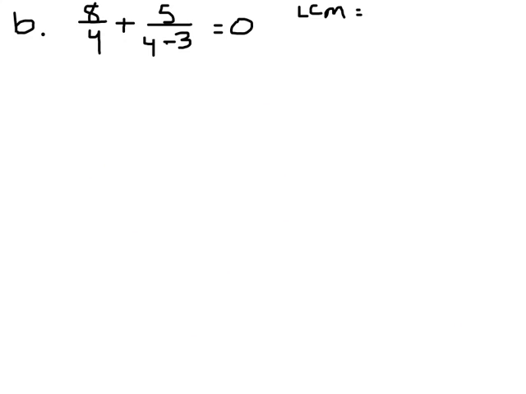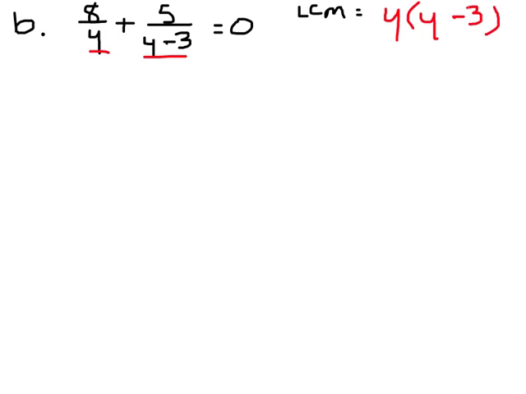Alright, on this one, I haven't figured out the LCM for you. I want you to take a minute and try to figure out what it is. Okay, did you get it? The LCM is y minus 3, because both of these terms have to be represented in our least common multiple.